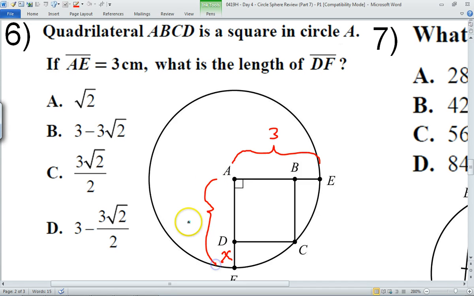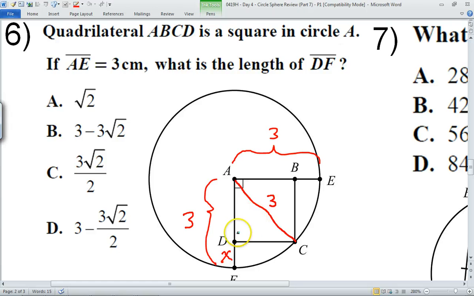So if I needed to, this would be 3. But what about the diagonal of that square? Because I need some triangles so I can do what I do. Look at the diagonal of this square, you guys. How long is the diagonal of that square I just drew? Can you see that that will be 3? Because it is a radius just like all the rest. So that's 3. That's the key to the whole problem, is drawing that line and knowing it's 3.